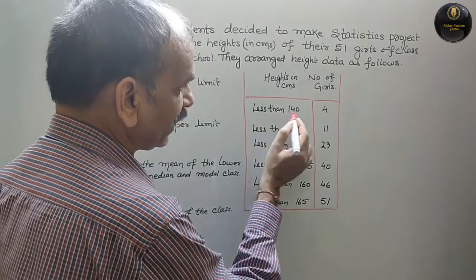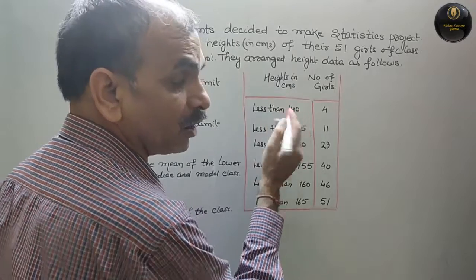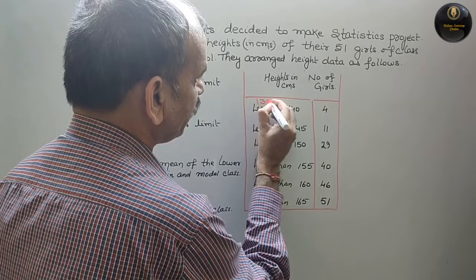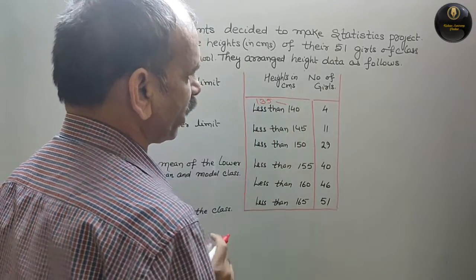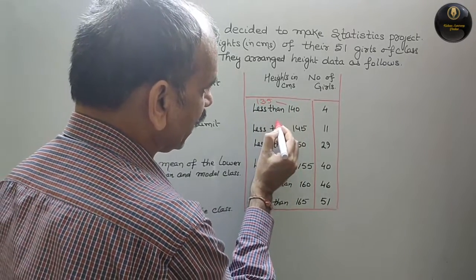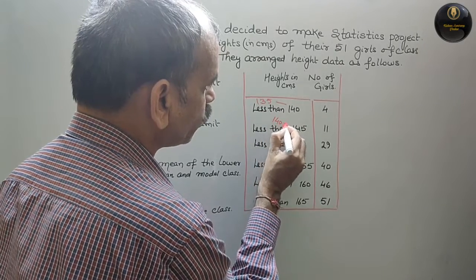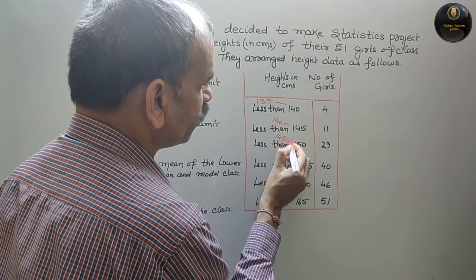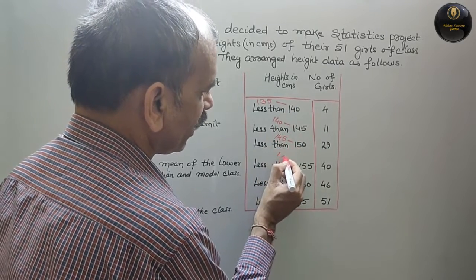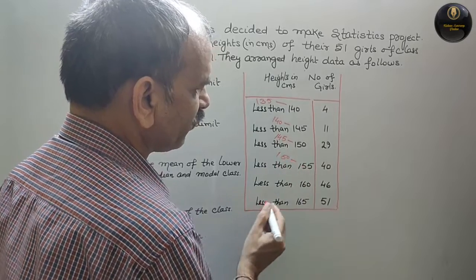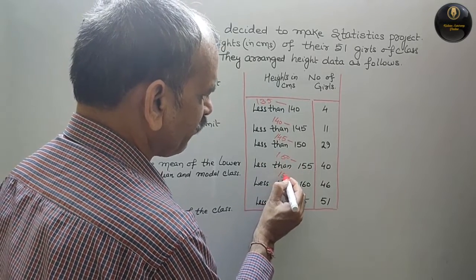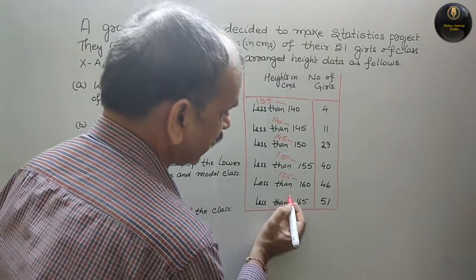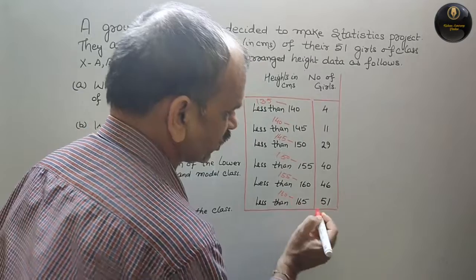So here less than 140, that means it should be what? 135 to 140. And here we will write 140 to 145. Next 145 to 150, 150 to 155, next 155 to 160, next 160 to 165.